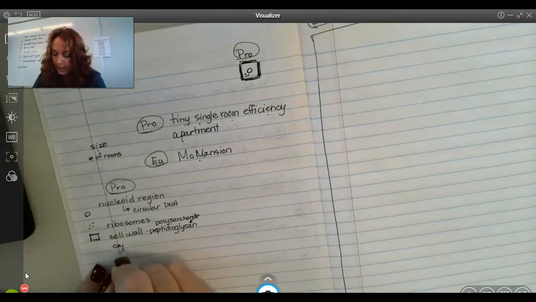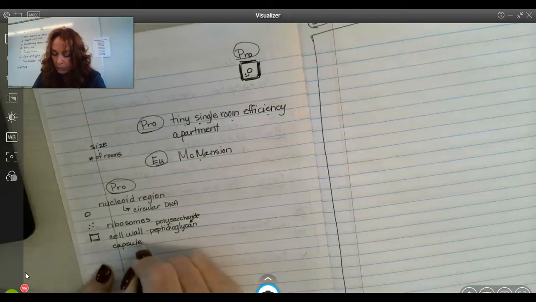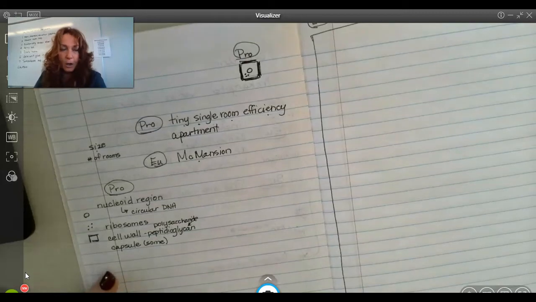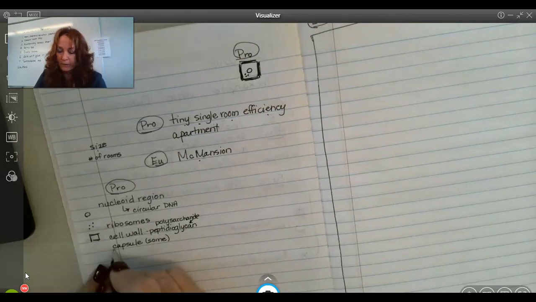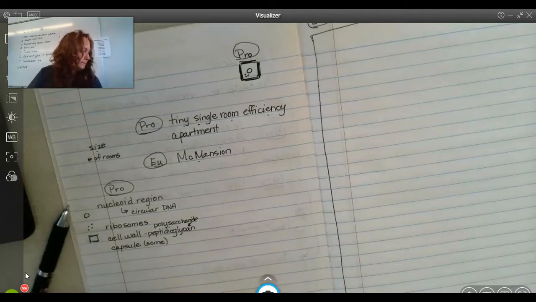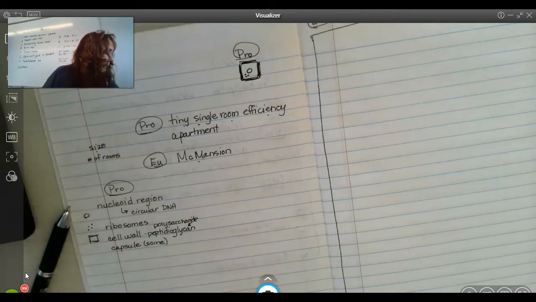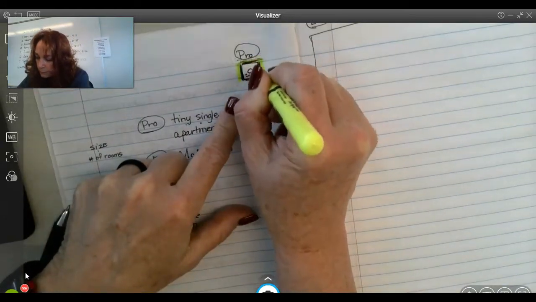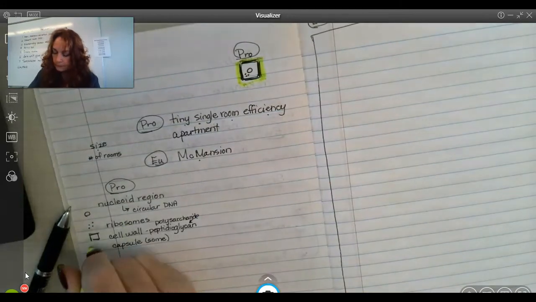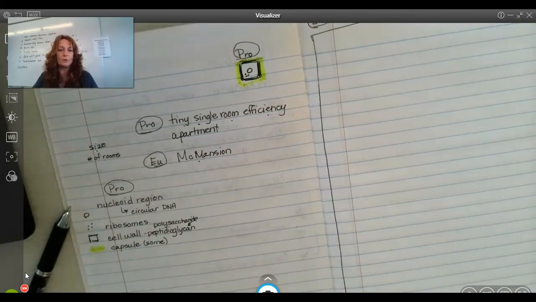Not all of them, but some of them have a capsule. We'll put some. This is also carbohydrate, but it's kind of gooey. So think of it kind of like snot. And so there's a capsule outside of everything. There's my capsule.